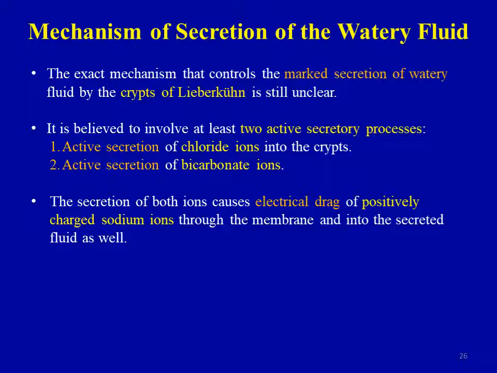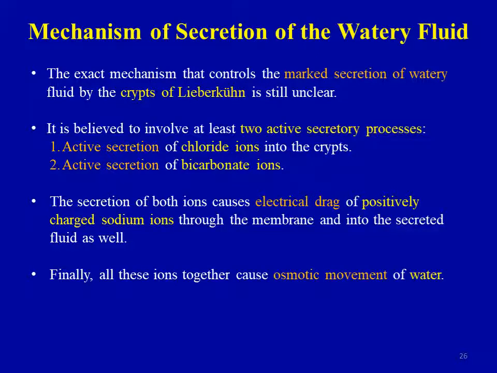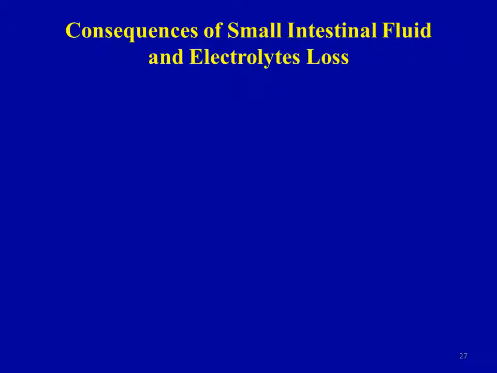Here in the crypts of Lieberkühn, negatively charged ions are secreted first actively into the lumen, and they will drag positively charged ions like sodium to follow them into the lumen, and both ions will drag water by osmosis. So finally, these ions together cause osmotic movement of water into the lumen of the gland and then into the lumen of the small intestine.